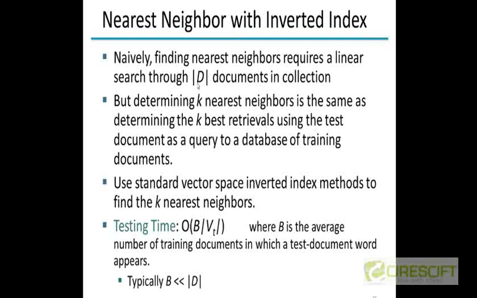So you can build an inverted index on these D documents and think of your test document as a query. Okay, so think of your test document as a long query. So you build this inverted index, and determining the k nearest neighbors is the same as determining the k documents that have the best rank, the ranking score, with respect to your query.